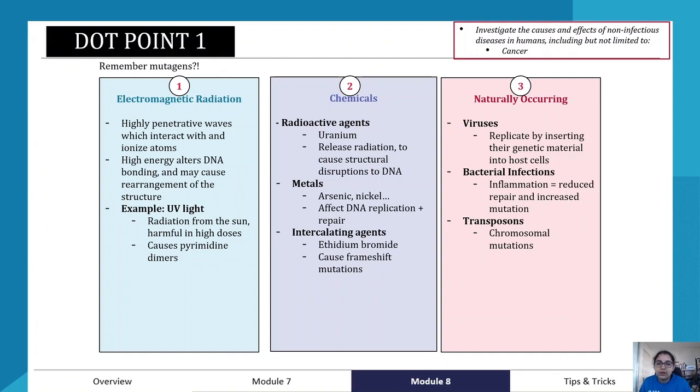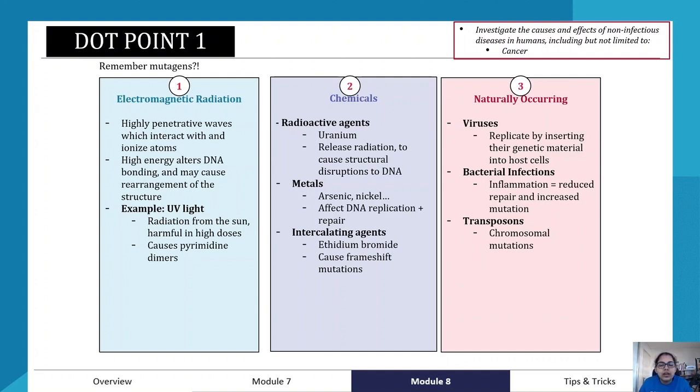A lot of mutations happen as a result if there is an issue with the repair system, and metals can affect the repair system. Intercalating agents, for example ethidium bromide, can cause frameshift mutations.